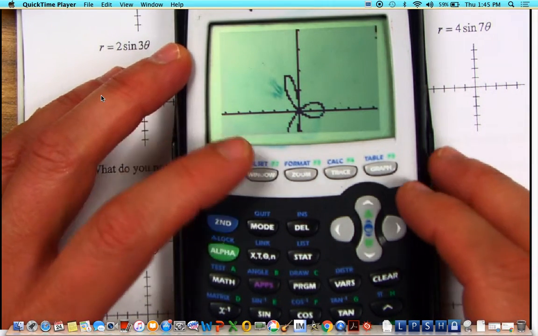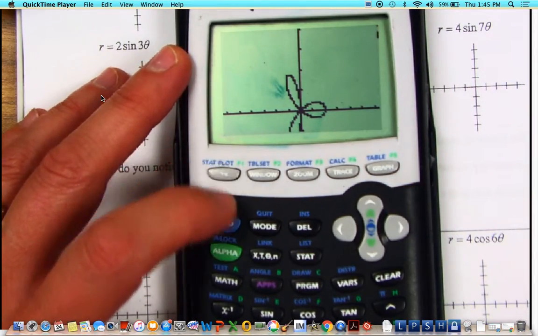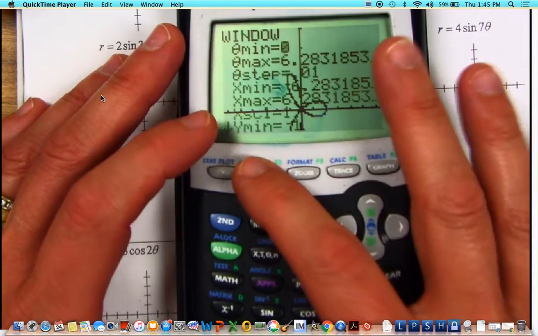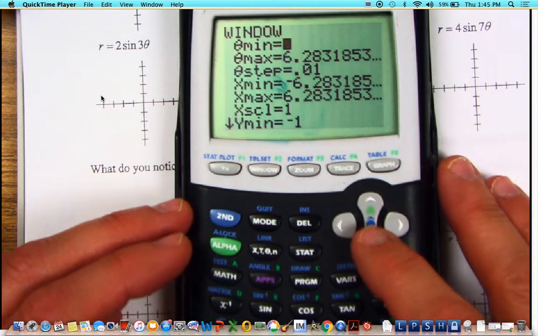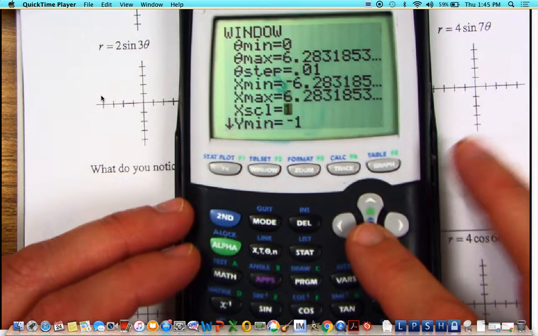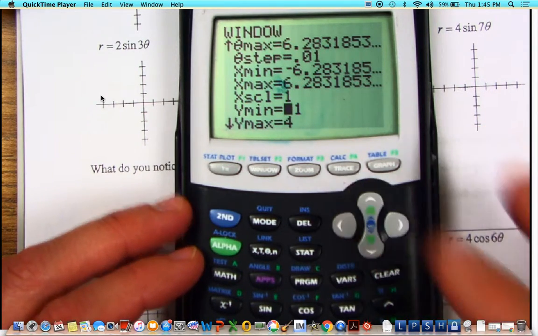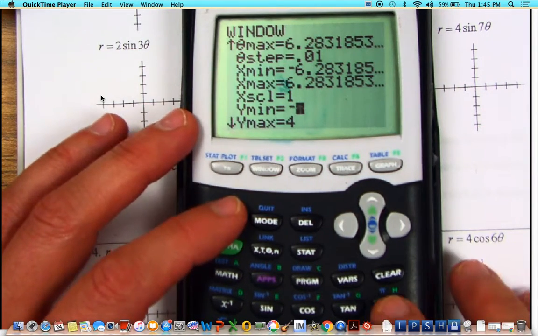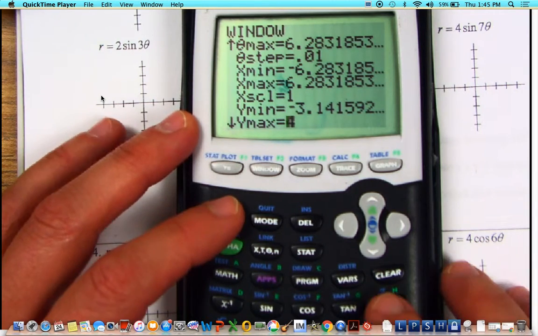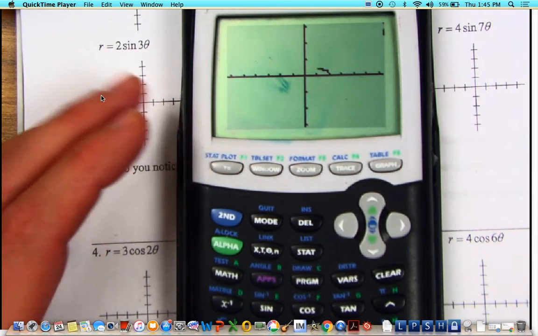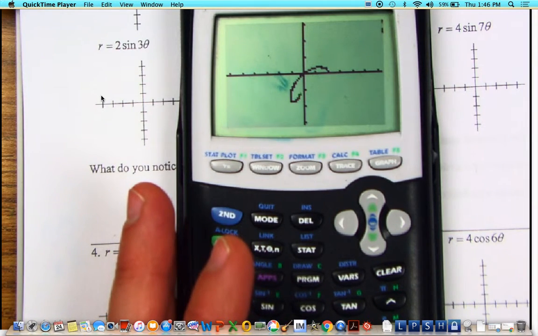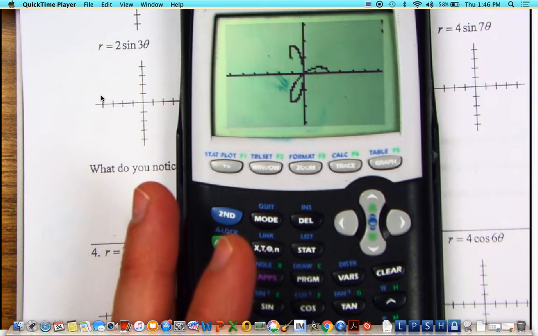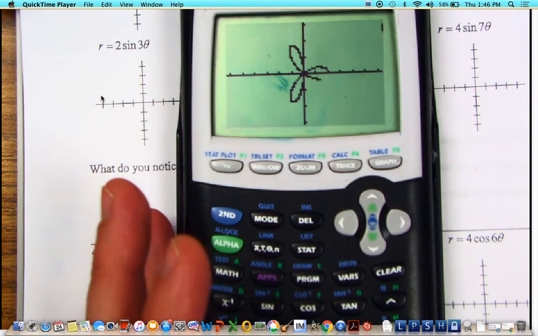It's a rose, and how many petals does it have? It has 3. Then you start right here. I changed my steps so it really slowed down so that you could see a little better what was happening.